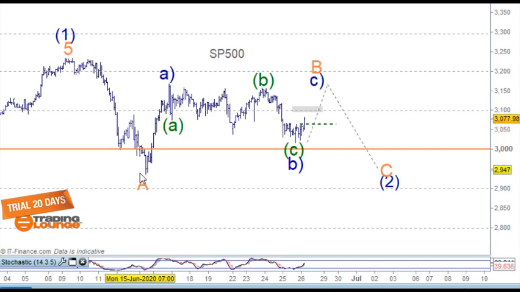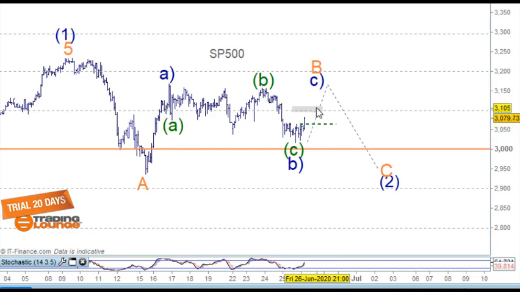So 5 waves down for wave A, because, you know, the thing with the guideline of alternation is that you can have the one wave simple, the next wave complex, or you can have simple, complex and more complex.